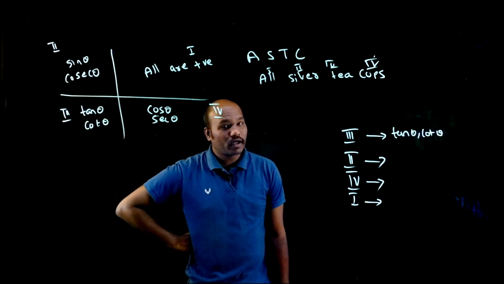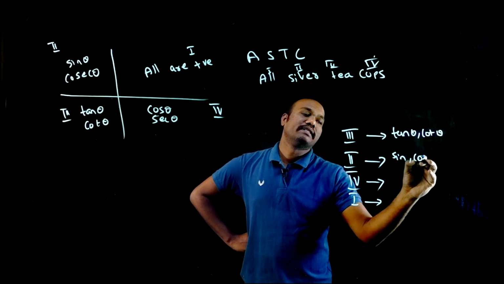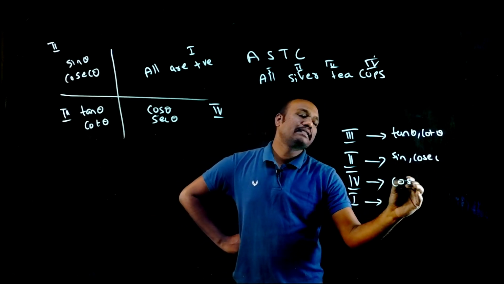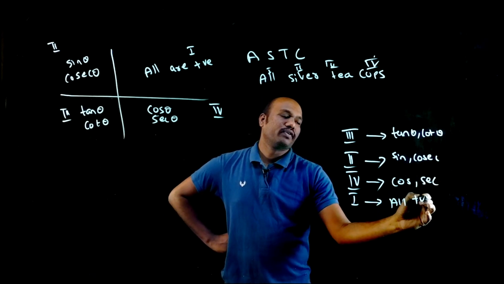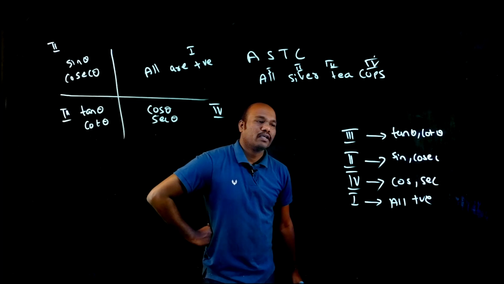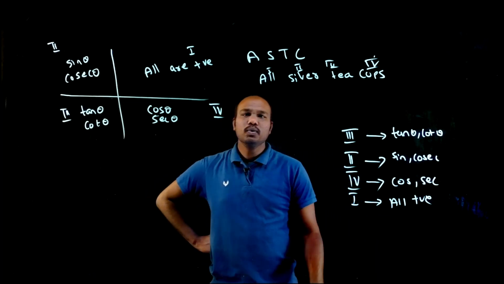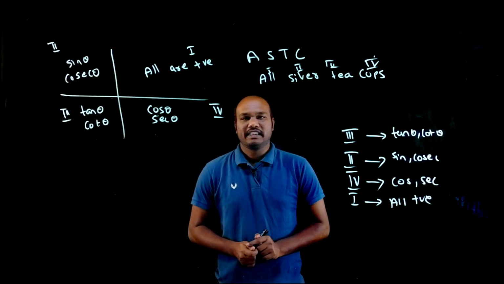In the second quadrant, sine and cosecant. In the fourth quadrant, cos and secant. In the first quadrant, all are positive. If you can remember this, we can do a lot of simple questions, and you can learn much more.